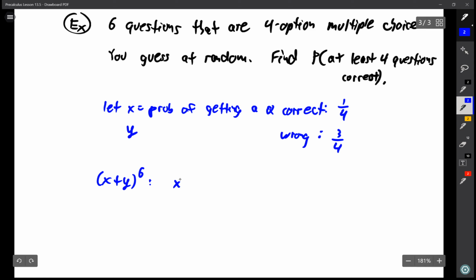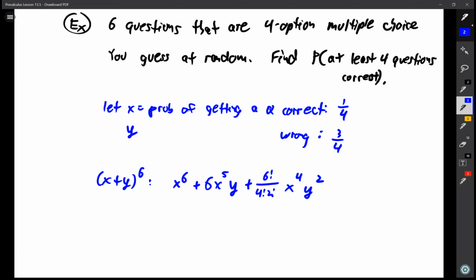So we want to find our x to the 6th plus our 6 x to the 5th y plus. I just remember that your first coefficient is always 1, your second coefficient is always whatever the exponent is that you're dealing with overall. And then after that, it's 6 factorial divided by the 2 different exponents. So this would be 4 factorial, 2 factorial, x to the fourth y squared. That would be getting 4 questions correct and 2 wrong.